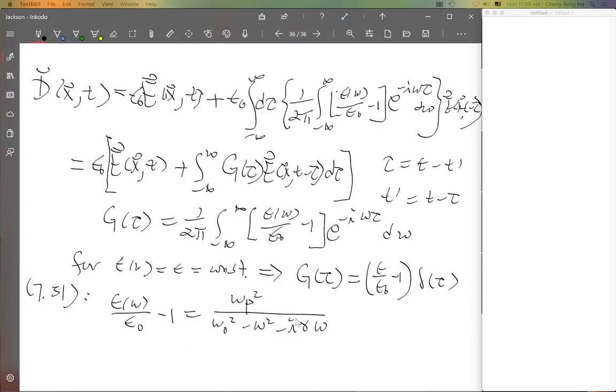Now, if you substitute this into the integral, you can calculate what g of tau is, g as a function of tau. Now it involves some complex integration, and I don't know if everyone has seen complex analysis.